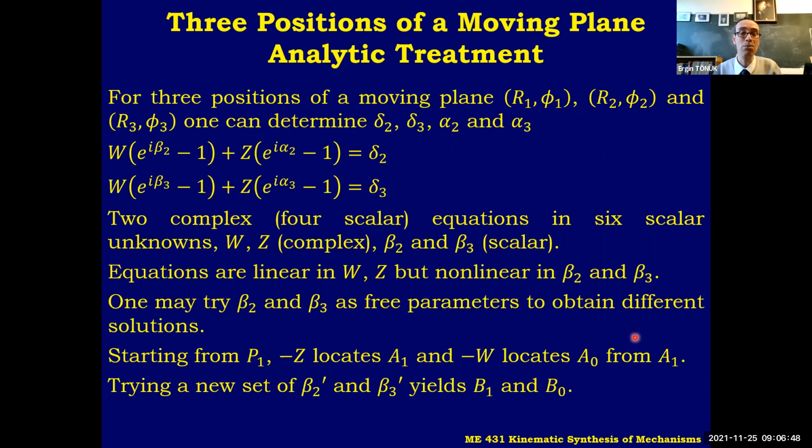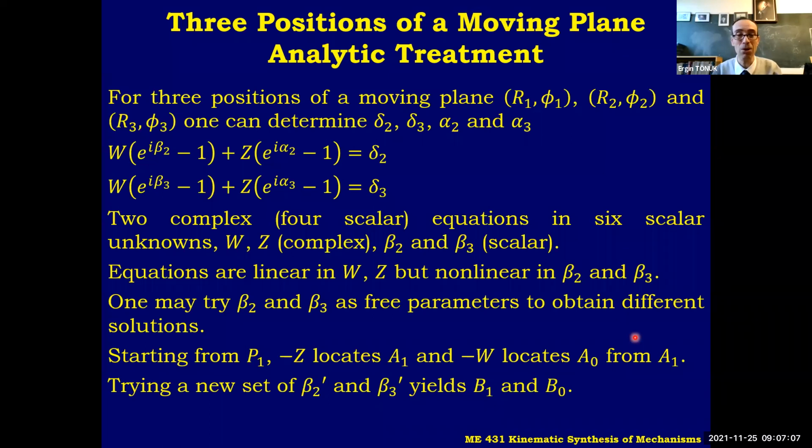This can be programmed and you can run the program very easily. However, unlike the graphical one, you won't be able to see it until you get the mechanism and analyze it, okay? So the graphical problem is more visual.